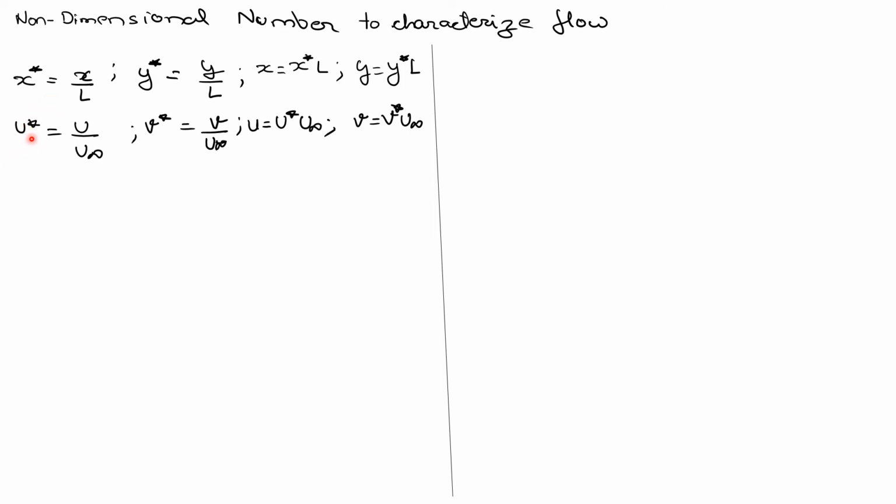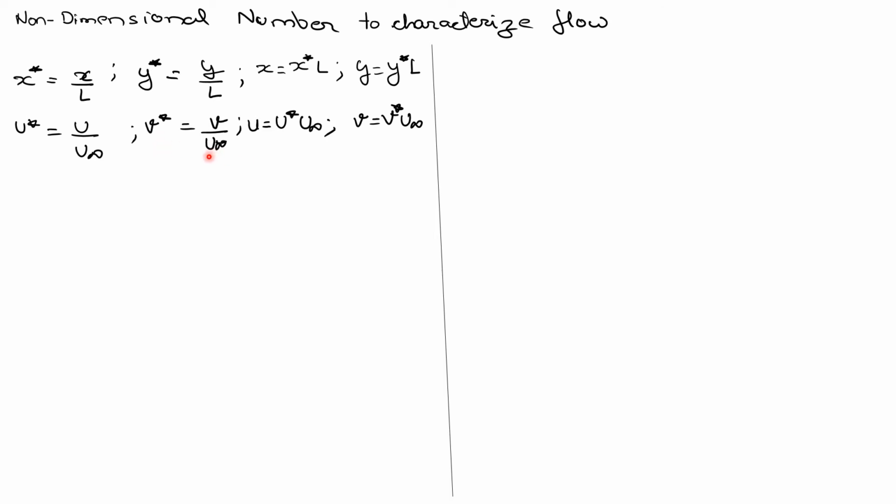We can normalize u star as u divided by u infinity, because these are the values that we know. So we know what L is, we know what u infinity is, and similarly we'll do the same thing for v star.